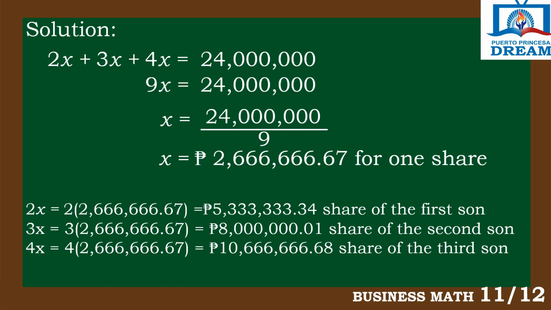And 4x is equal to 4 times 2,666,666.67. It will give us 10,666,666.68, the share of the third son. In the problem, the total estate worth 24 million is partitioned in the ratio of 2:3:4, thus making use of partitive proportion.